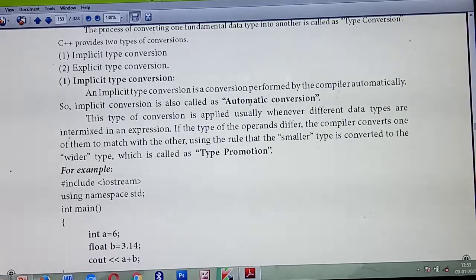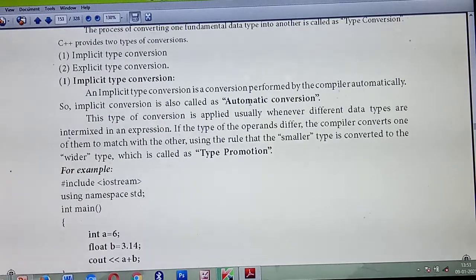Okay. Listen. When does this type of conversion happen? When two or three different data types are mixed in the same expression. An example is given, and if you see the example, you can understand. For example, you are going to add three numbers: 5 plus 5.5 plus 6.